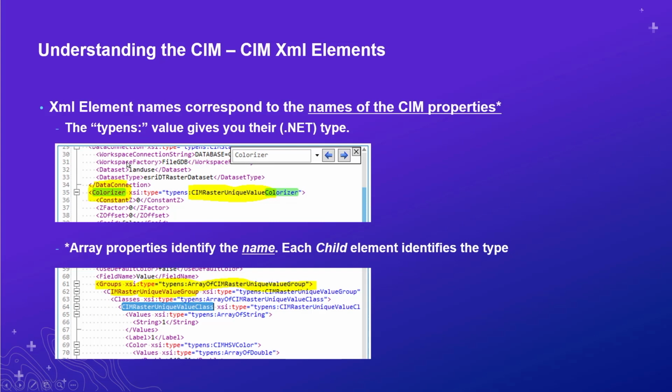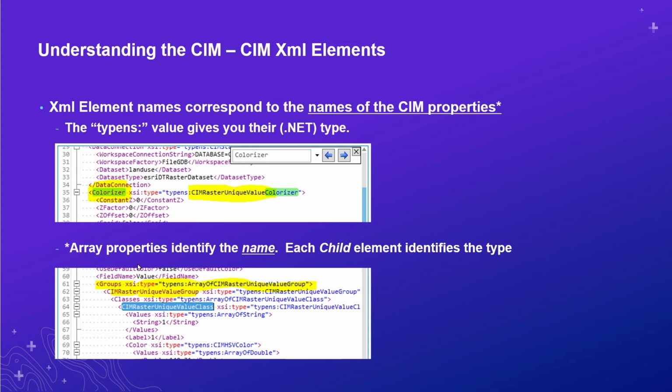Then the type of that property is what you see under the type. In this case, the type of the colorizer property would specifically be a CIMRasterUniqueValueColorizer.